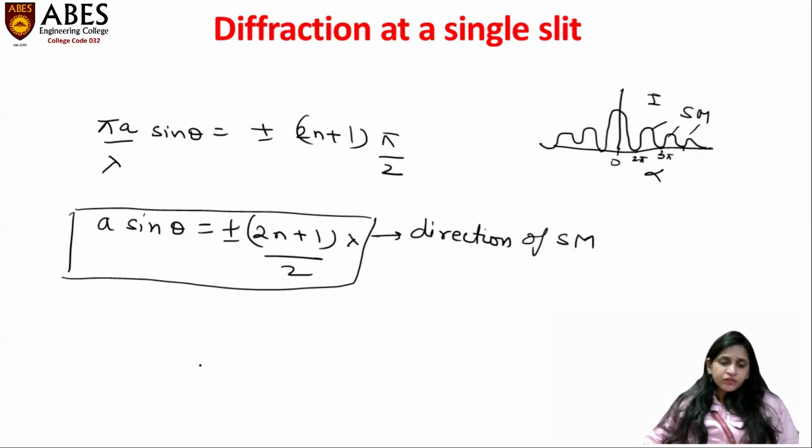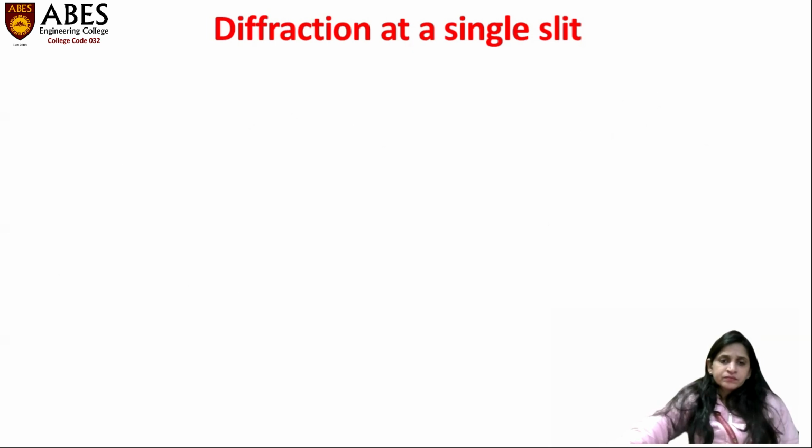So for that, what we will do is, see, let me choose the pen again. Suppose the intensity of principal maxima is equal to I naught.